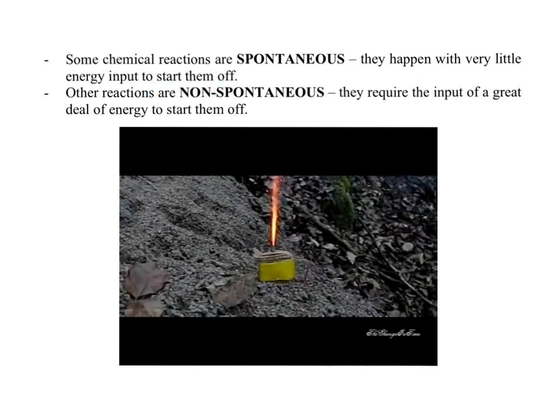So in other words, there's enough energy in the environment, what we refer to as the ambient energy, it's the energy that exists there, that it can actually cause the reaction to occur without any external energy input. And then there are non-spontaneous reactions which require a large input of energy to start them off.